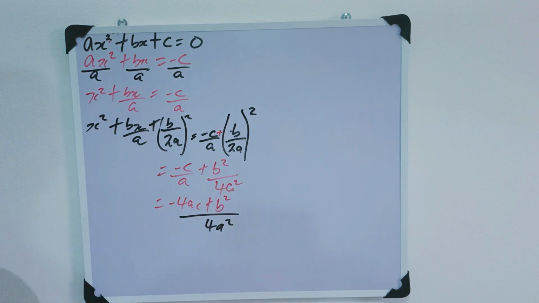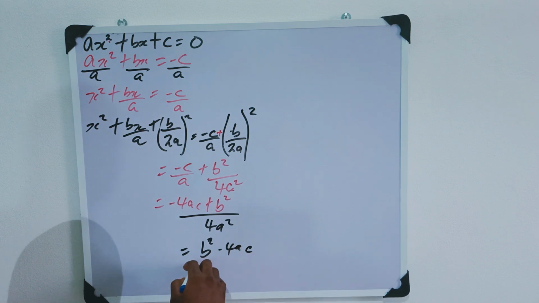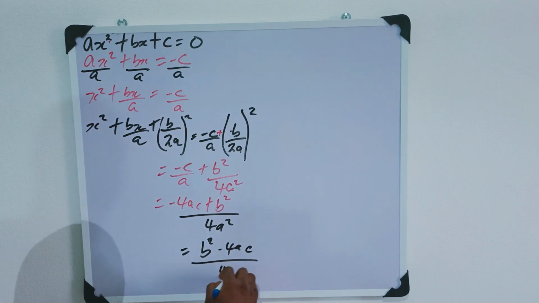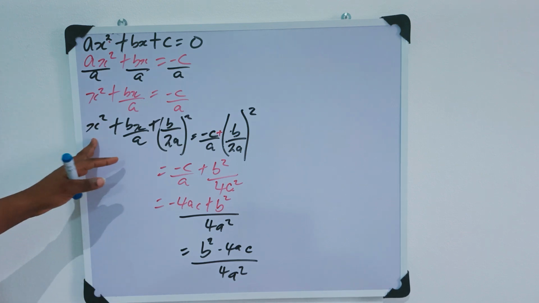Then you can just rearrange to b squared minus 4ac over 4a squared.